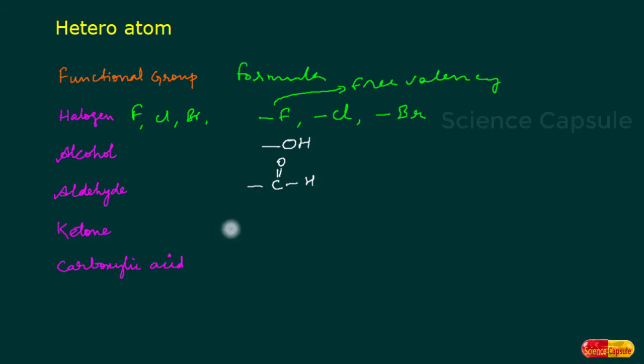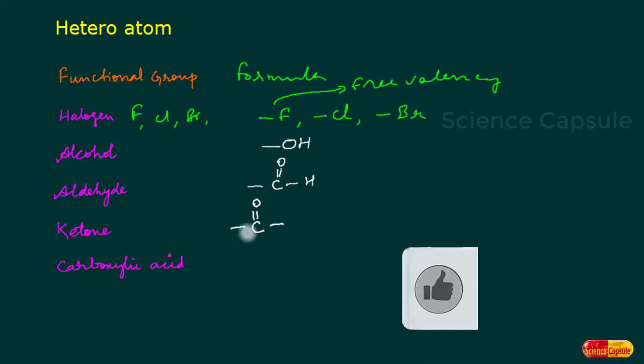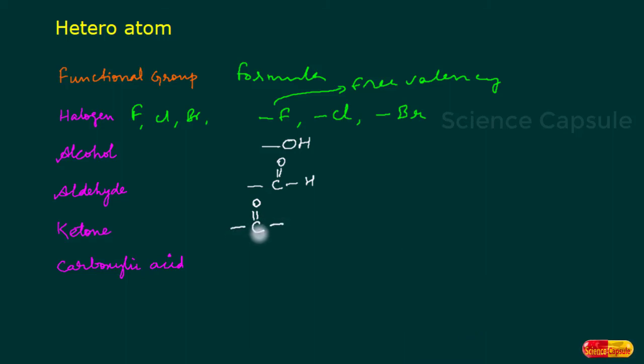Next one is ketone. For ketone we make a line, C double bond O, and a line. Here in ketone we can see two lines, or we can say two bonds, which means this ketone group will be connected to two different carbon atoms, whereas halogen, alcohol, aldehyde can be connected to a single carbon atom, but ketone cannot connect to a single carbon atom because it has two lines, which indicates the ketone group should be bonded to two different carbon atoms.